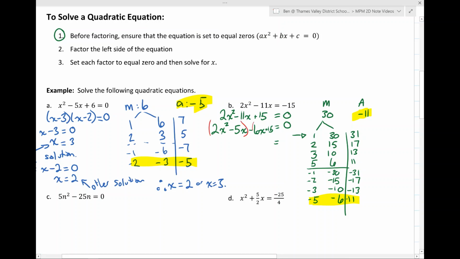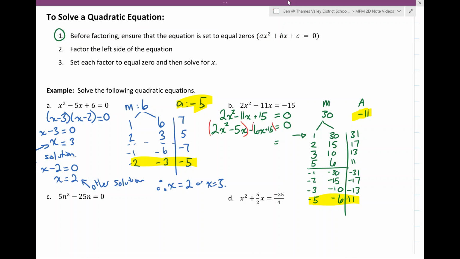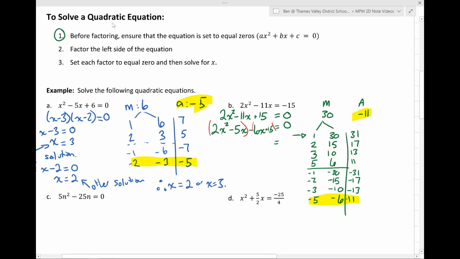First two here and the second two. Right, so I can rewrite this here, and I will. That's 2x squared minus 5x, and here I'll make that a plus sign, plus negative 6x plus 15 equals 0 still.